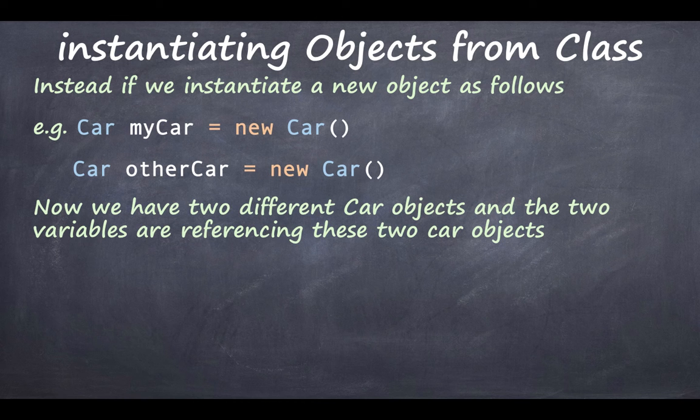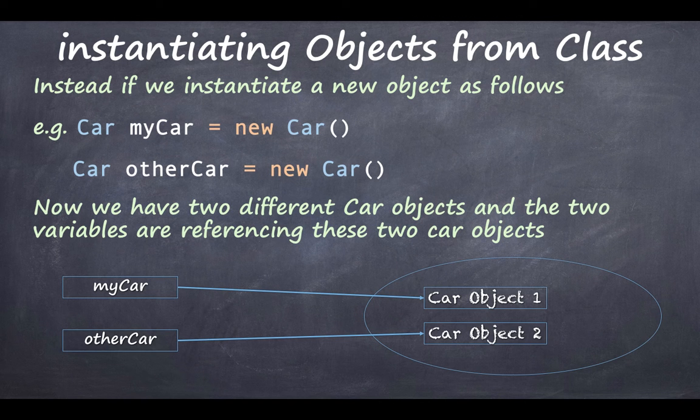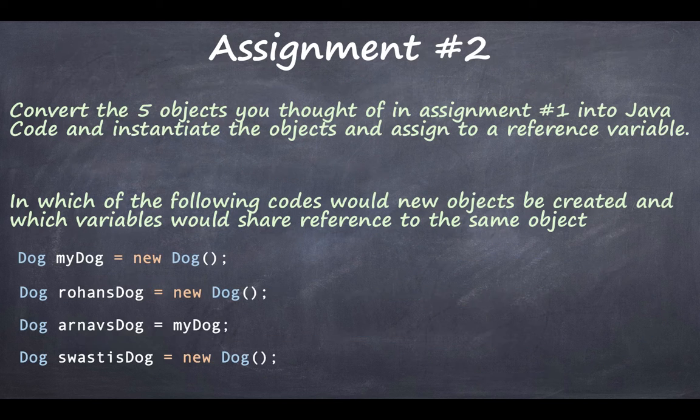So now we have two variables. How does that look? Look at the ellipse. You can see that the compiler has created two independent objects, object 1 and object 2. Both of them are of type Car, but they are two independent objects. And the variable myCar is referencing object 1, and otherCar is referencing object 2.